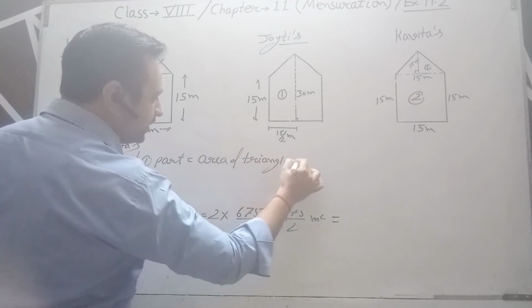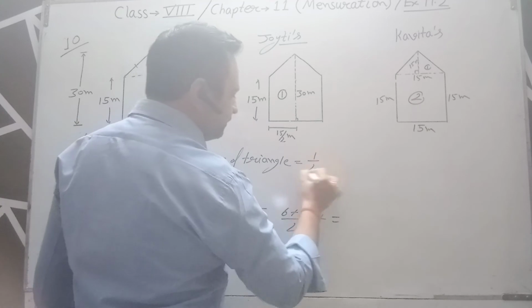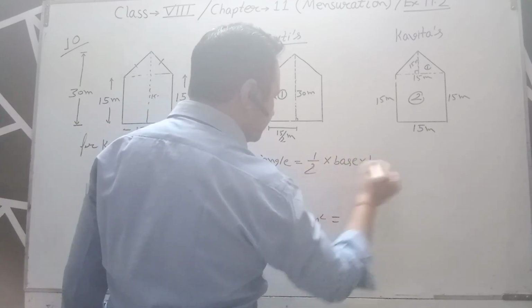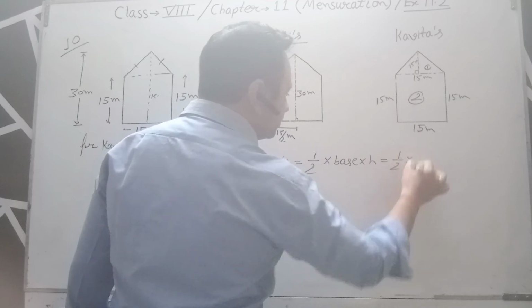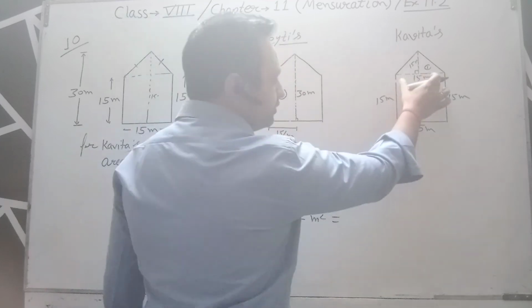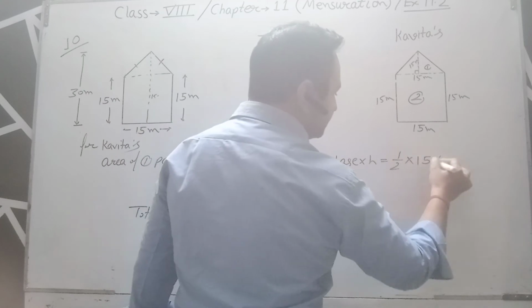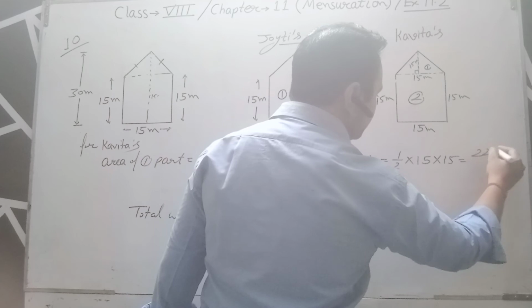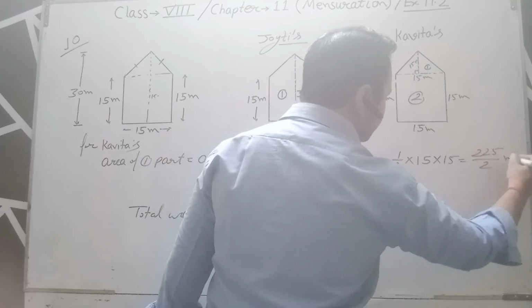And what is the formula of area of triangle? 1/2 multiply base multiply height. The value of base is 15 and the height is also 15. So 225/2 meter square.